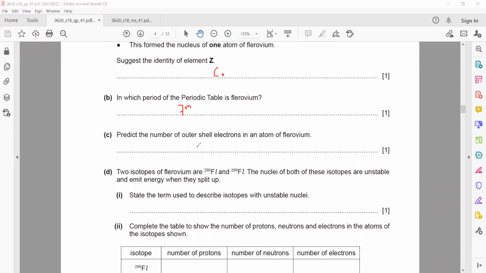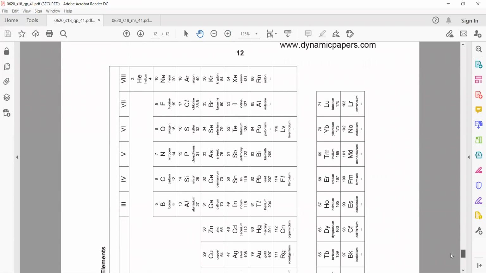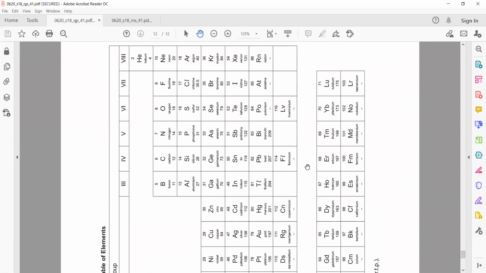Predict the number of outer shell electrons in an atom. So how will you predict the number of outer shell electrons? You have to check the position in the periodic table. Which group does it appear to be in? So it appeared to be group 4.